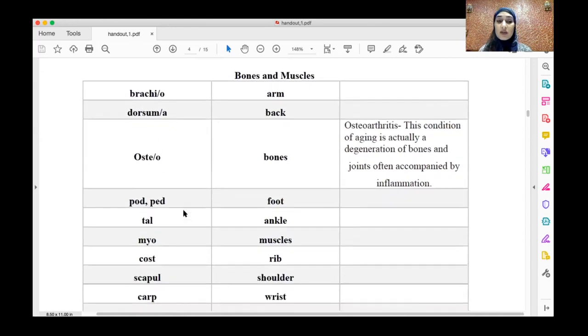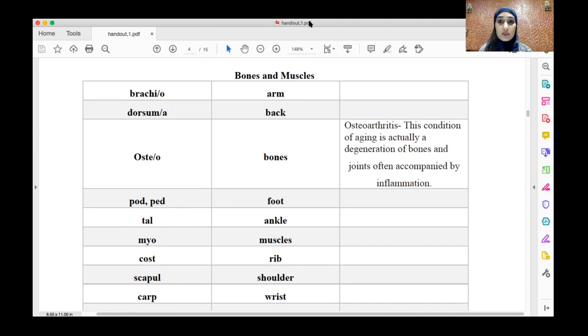For the bones and muscles, we have brachi, which means arm. We have dorsum. Dorsum is for the singular, and dorsa is for the plural. In Latin, the plural form of any word that ends with um is a, right?